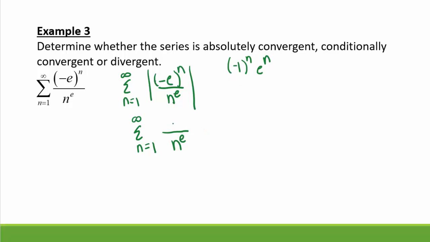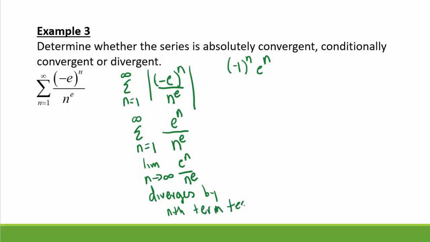So the absolute value is really just going to look at that series. Now when I look at the limit as n goes to infinity of this, it diverges by the nth term test. So then now I see if it's conditionally convergent.